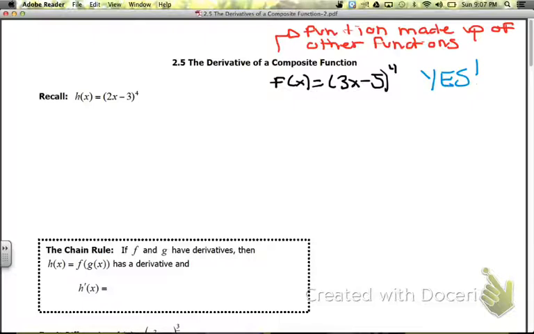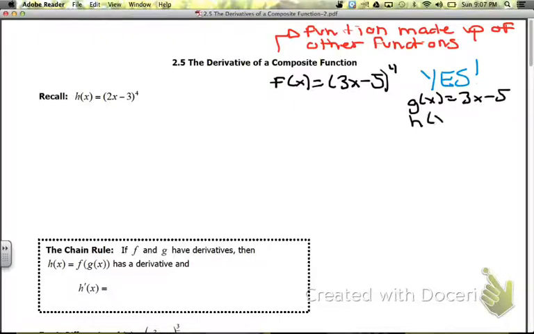Now, still you might be wondering, but how? How is this a composite function? Well, since this is f of x, I'm going to use two functions to make up this composite function, g of x and h of x. So let's say g of x is our inside term, so 3x minus 5.